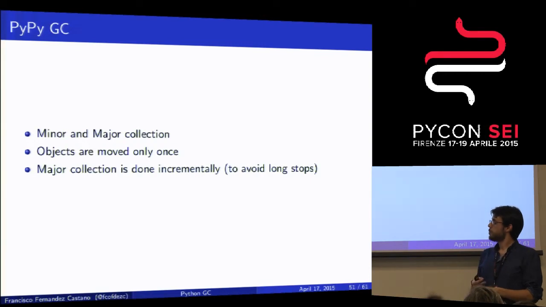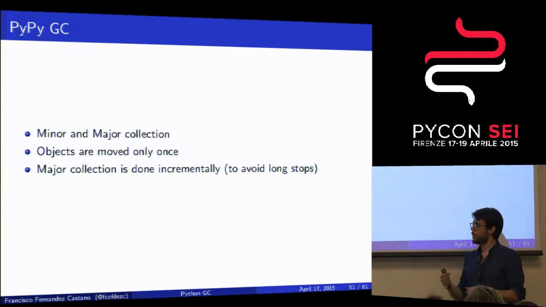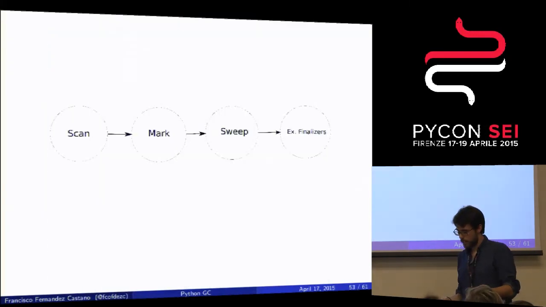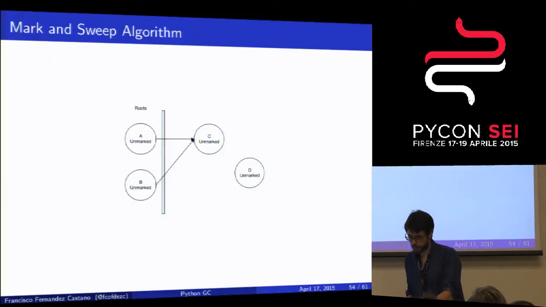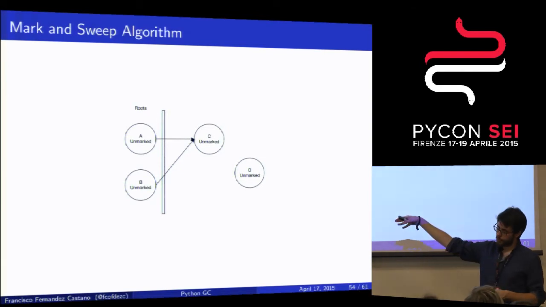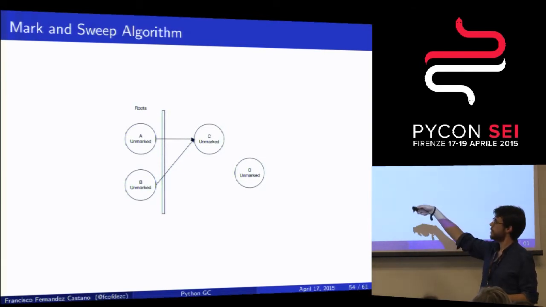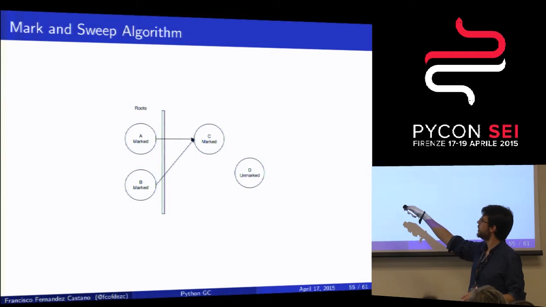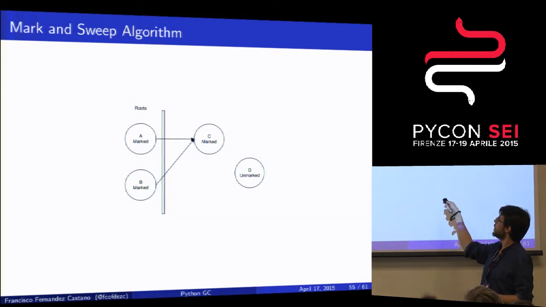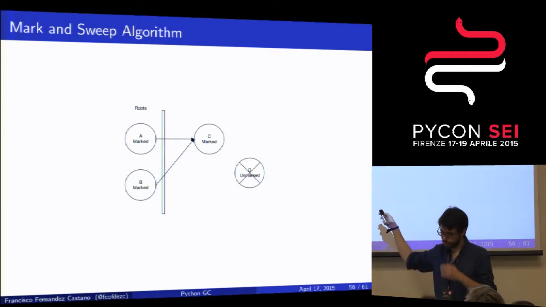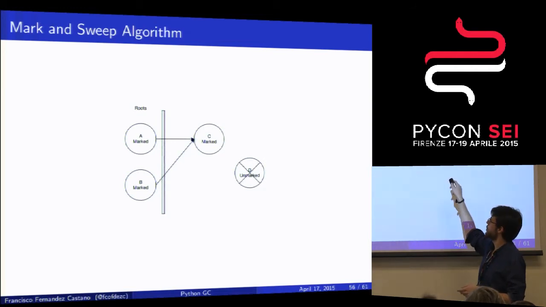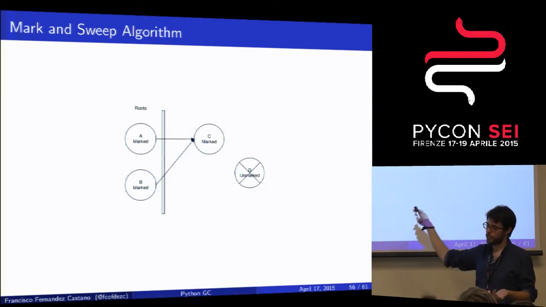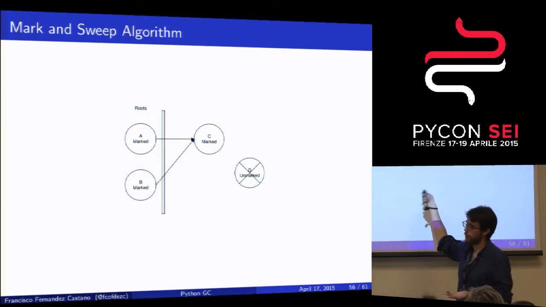And once we reach some threshold, we do a major collection, that is basically a mark and sweep algorithm. We start on the roots, we traverse the graph, and we mark. This is the mark phase. And the sweep phase deletes all the objects that are not marked.